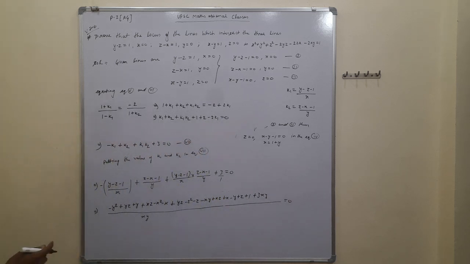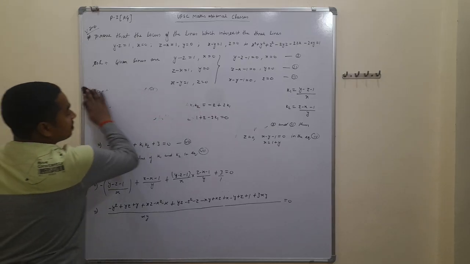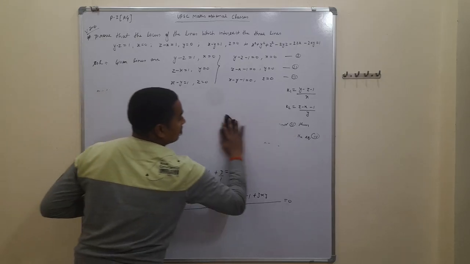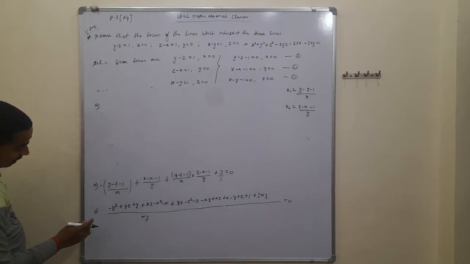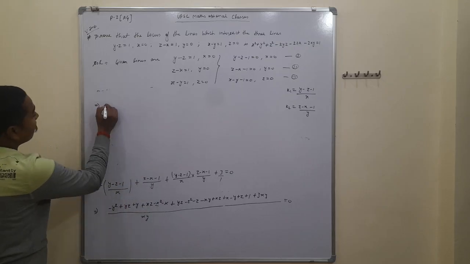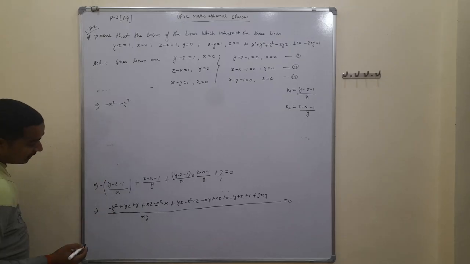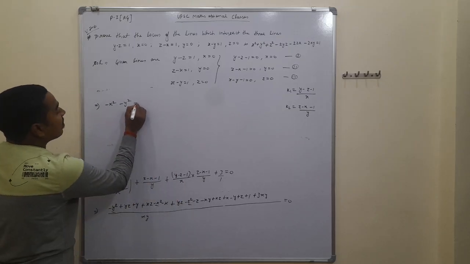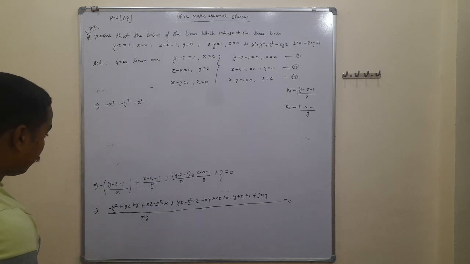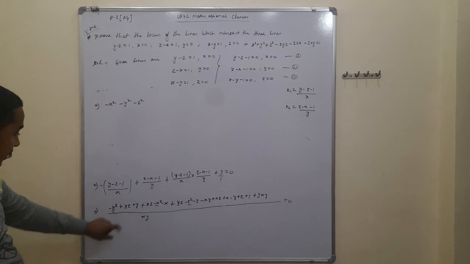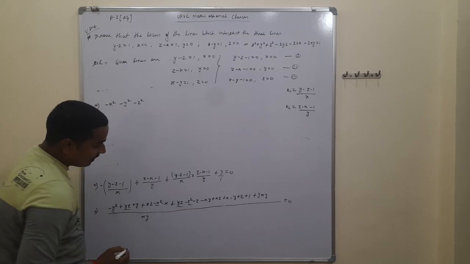Further we have to simplify, and xy cross multiplied with 0 gives 0. Further we have to simplify, that is minus of x square and minus of y square and minus of z square, and we have to eliminate some terms, that is plus of yz and plus of yz, once again plus of yz and plus of yz.